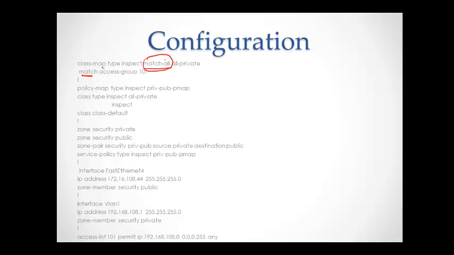So we have said class map, type inspect, match all, match, this is optional. And then you give a name. You call the access list to say what traffic you want to inspect. And then you can also say protocol. You need not write an ACL. This is just an example for zone based firewall.